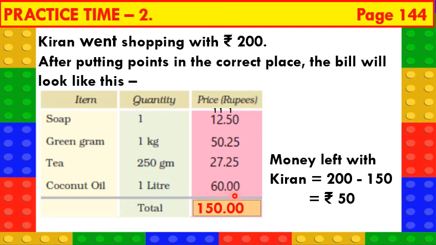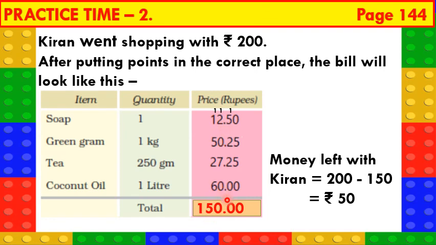Now add all the 4 items given in the bill. We get the total amount of the bill as rupees 150. So Kiran has to pay rupees 150 for 4 items.